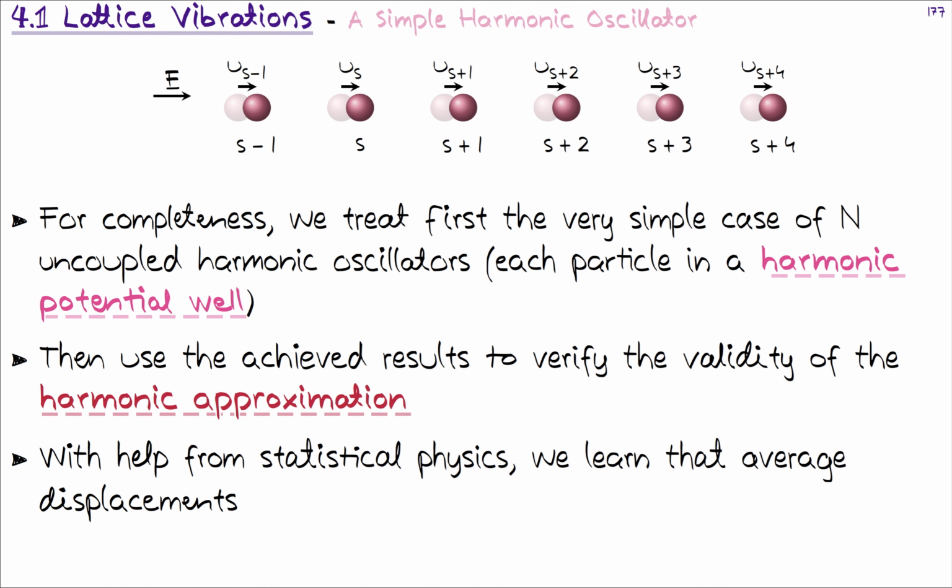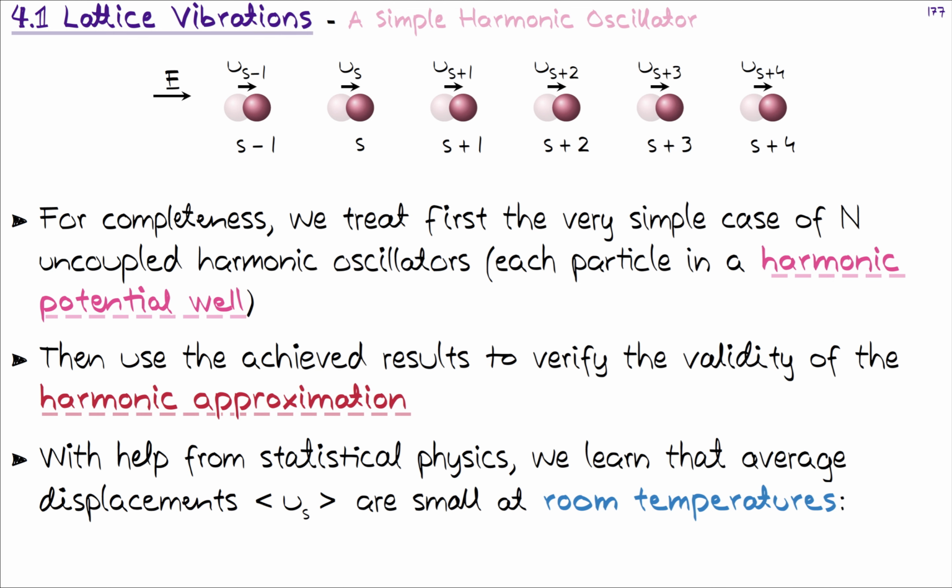So with the help of statistical physics, and we must make use of statistical physics because the number of atoms n is so large in our problem, we will learn that the average displacement is the property of interest. So we do not need to know the displacements of each of the atoms, it's just enough that we know the average displacements.